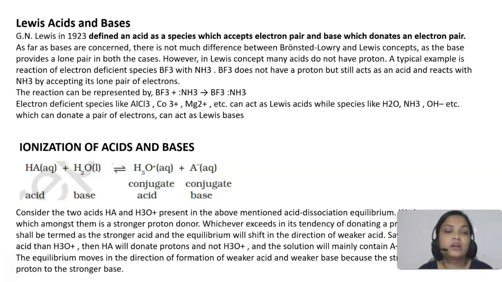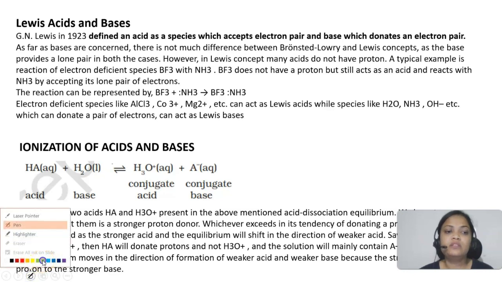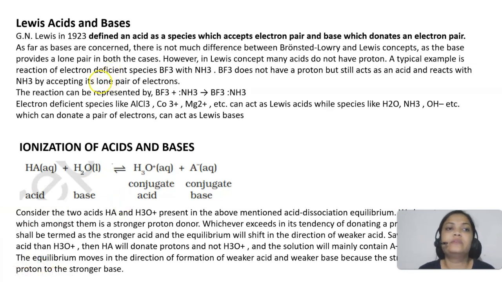Now we will be talking about Lewis acids and bases. So students, in the Lewis acid base concept, Lewis defined an acid as any species which accepts the electron pair. In this case, he defined acids and bases in terms of electron pairs, because electrons are the ones that are transferred during the reaction.